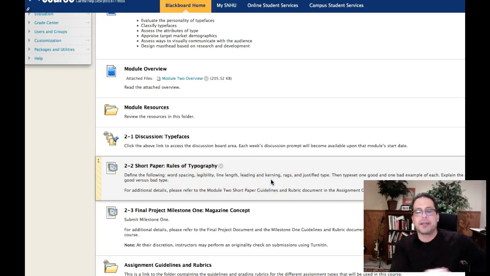That means I want you to set them. Open a document in Illustrator or Word or whatever you're used to using. I would prefer if you were to use Illustrator or InDesign. Give me a good example and a bad example, and it's all in your book.